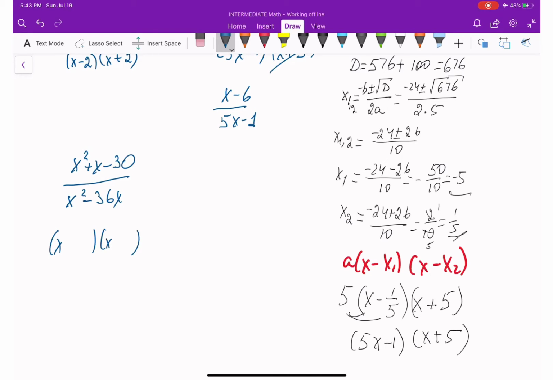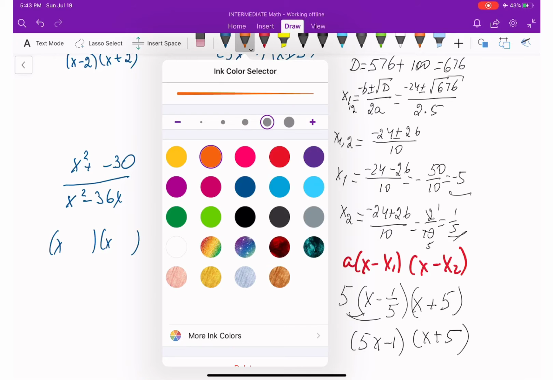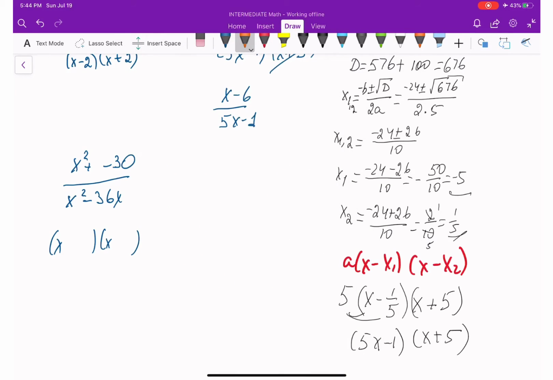So which two numbers, multiplication will give you negative 30, addition will give you positive 1. Like I said, every time you have 1 here, that means the numbers are going to be one after another, right?